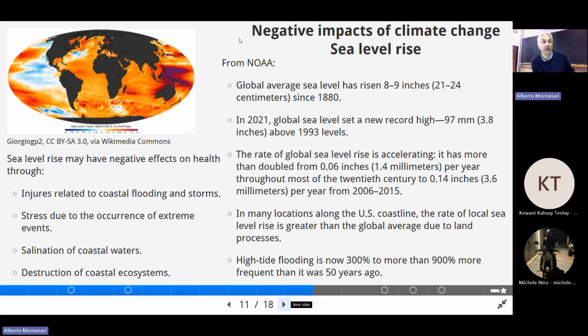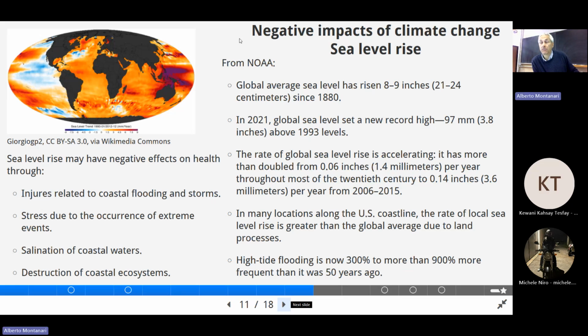Since 1880, it's about 20 centimeters so far. It's not uniform, because we think of the sea level as something uniform over the globe. Why is it not uniform? For instance, because gravity is not uniform. I learned only a few years ago that gravity is not uniform. So gravity is not uniform, there are tides, and therefore sea level rise is not uniform.